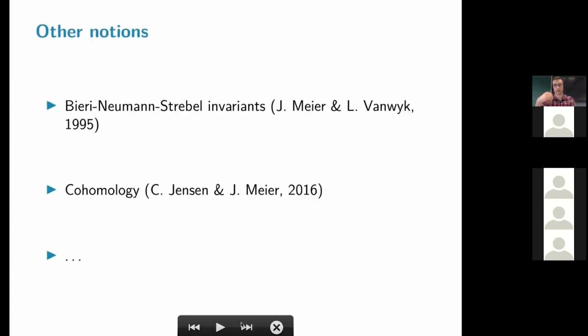And I can mention some other notions. So the same relations between graphs and groups has been studied for instance, Bieri-Neumann-Strebel invariants and the cohomology of groups. There are other notions that I didn't touch or didn't mention, or I don't even know of, that also have been studied in this context.